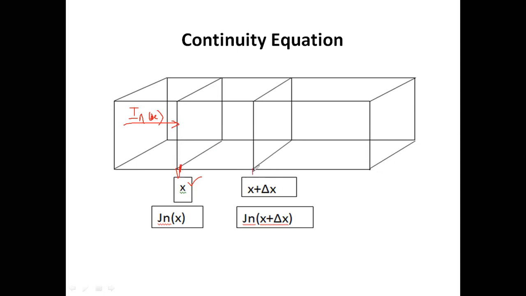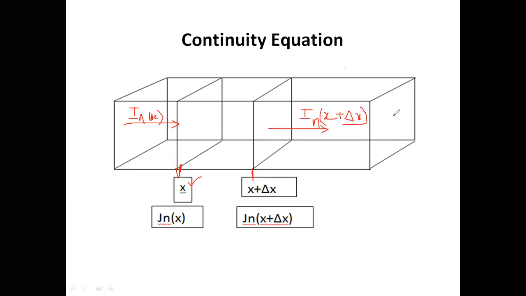At point X plus delta X, current is leaving outside the box. I call it I of X plus delta X, and since the current is due to electrons, I call it In of X plus delta X.